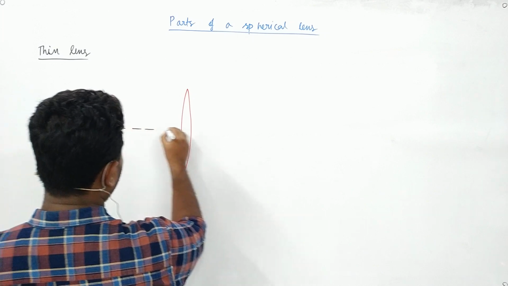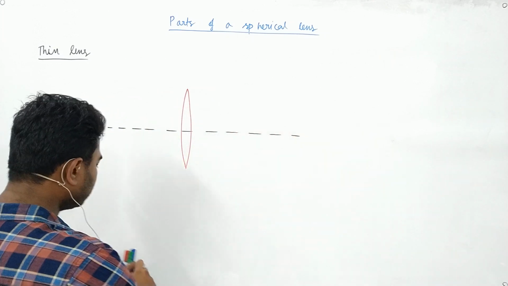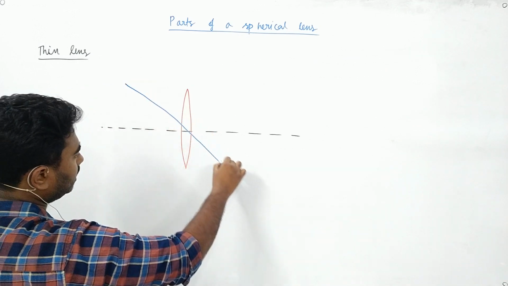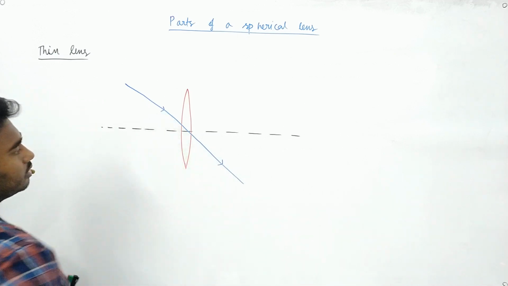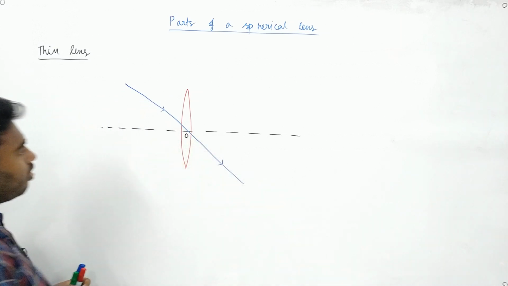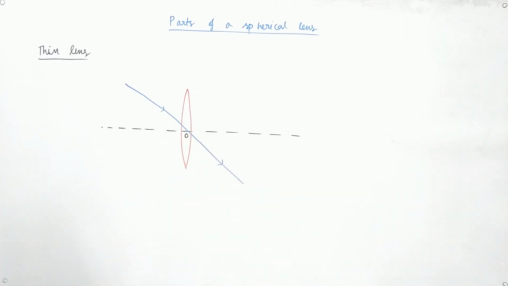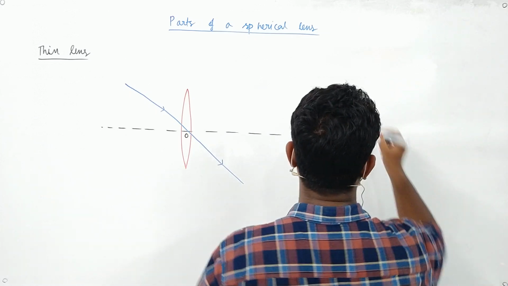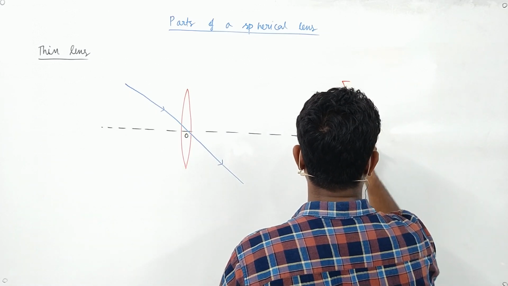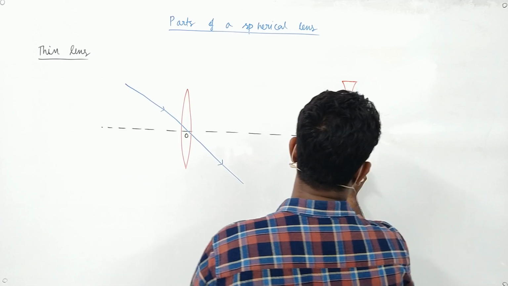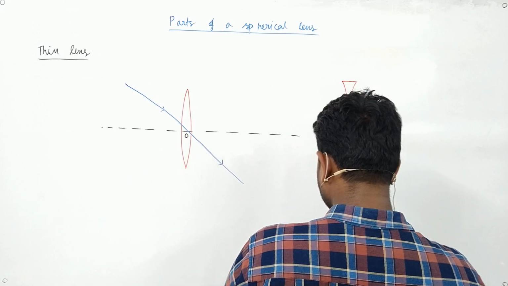Now, an optical center is a point such that if a light ray comes towards the optical center, it will pass undeviated. So the optical center is a point on which if a light ray falls, that light ray will pass undeviated. Suppose I have a thin concave lens.